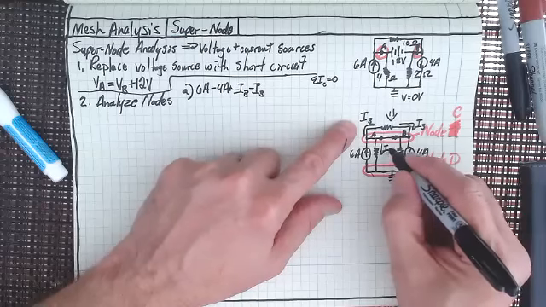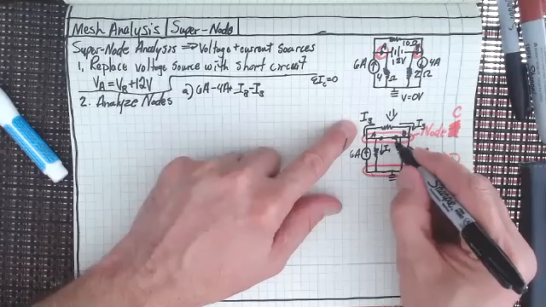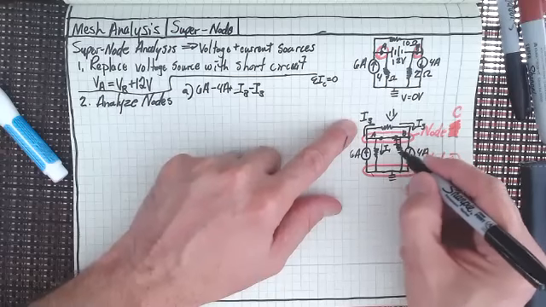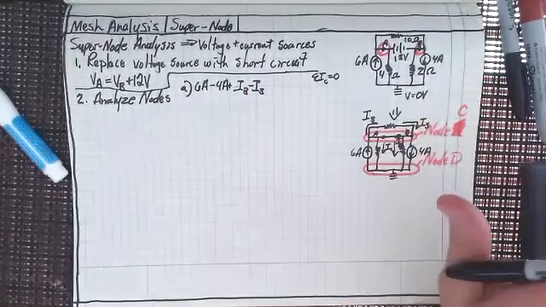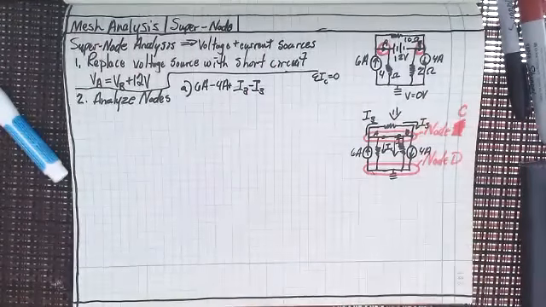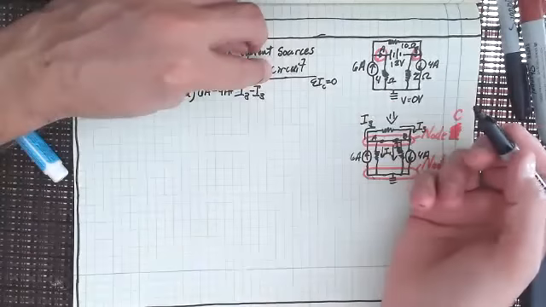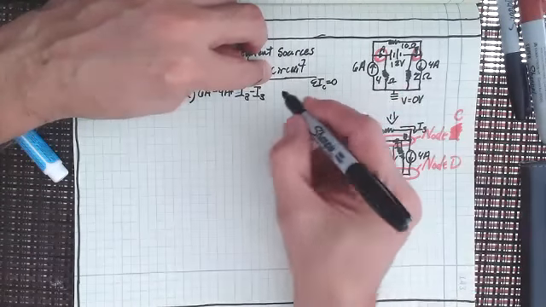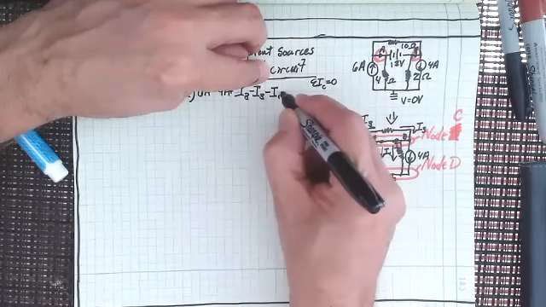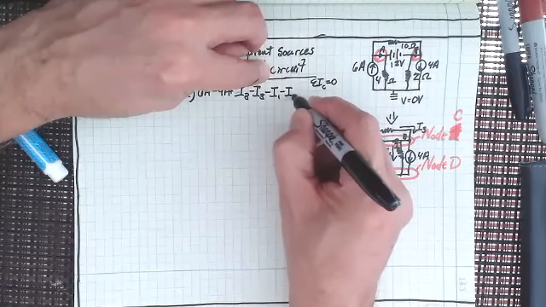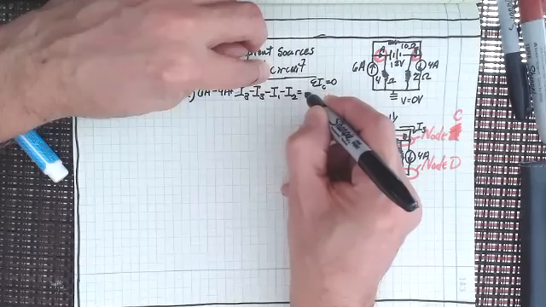I'll call that I1, and I'll call this I2, and I'm going to assume that they're both flowing down. I may be found to be wrong, but if I am, they'll come out negative, won't they? So I'm going to say that minus I1 minus I2 equals 0.